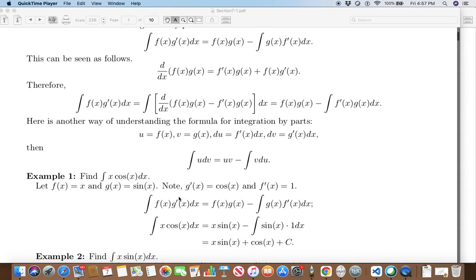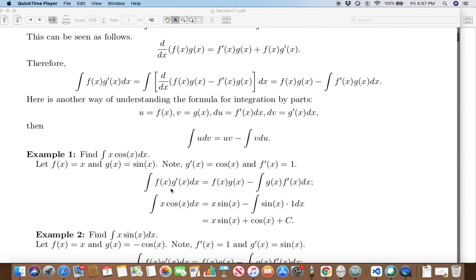By the formula, the integral of f g prime is f g minus the integral of g f prime. Here f is x and g prime is cosine x.